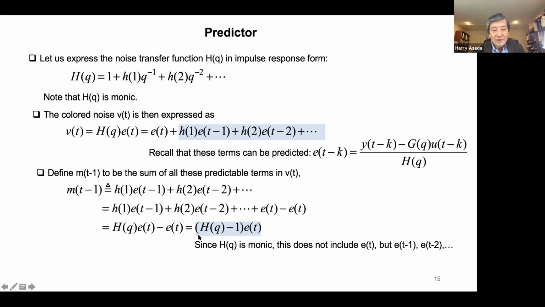So factoring out e(t), we get (H(q) minus 1) times e(t). Since H(q) is monic, the first term is 1, and 1 minus 1 is 0. So it starts with H terms in q to the minus 1, starting with e(t-1) and e(t-2), and so forth, not including e(t). That's obvious from this expression.